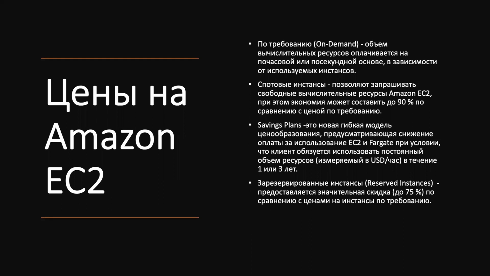Fargate is a container platform managed by AWS. All you have to do is deploy your application on the container platform. So this Savings Plan applies both to EC2 servers as well as to the Fargate platform.